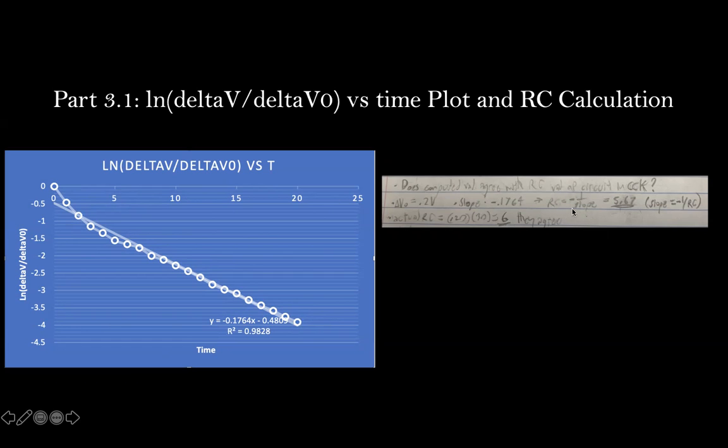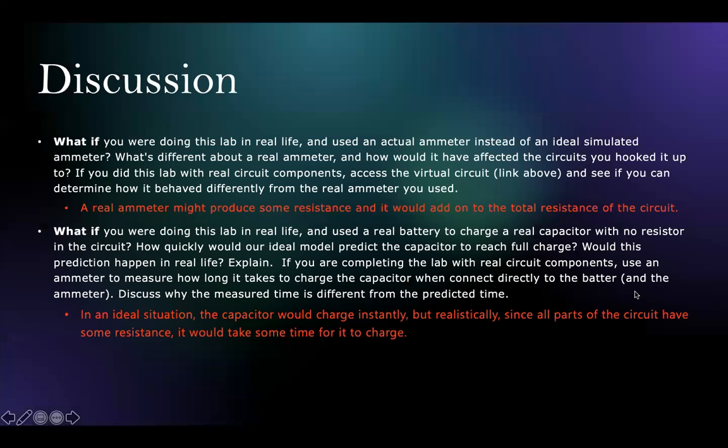RC is equal to negative 1 over the slope. I got 5.67 for my experimental value, and the actual RC was 6. So they're close enough, and I'd say my computed value agrees with the expected value.